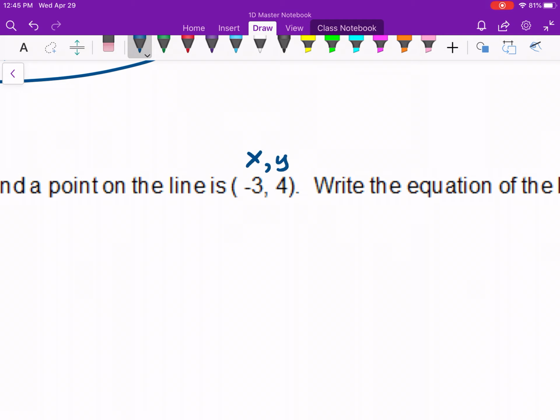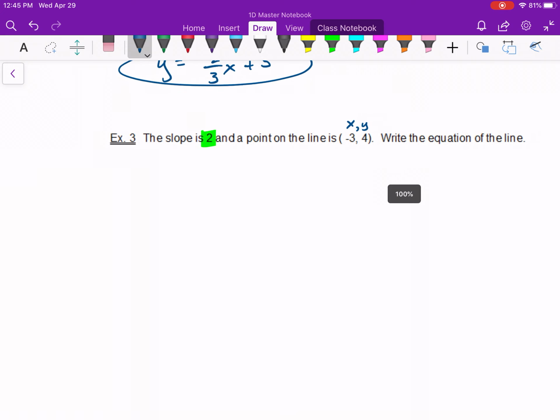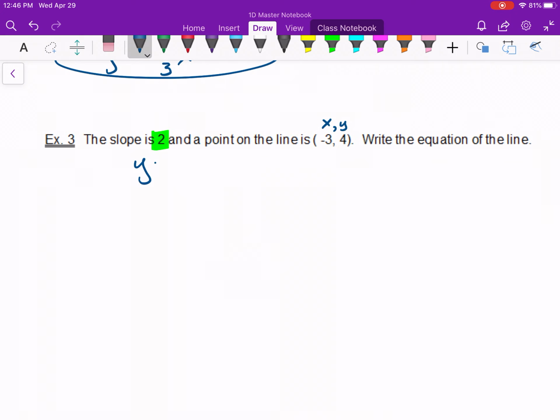So we know this point, negative 3, 4, is on the line that we want, and when x is negative 3, y is 4 on this line. So I can work with y equals mx plus b and put what I know in there. I know the slope, so y equals 2x plus b, but I don't know what b is. That's what's holding me back.